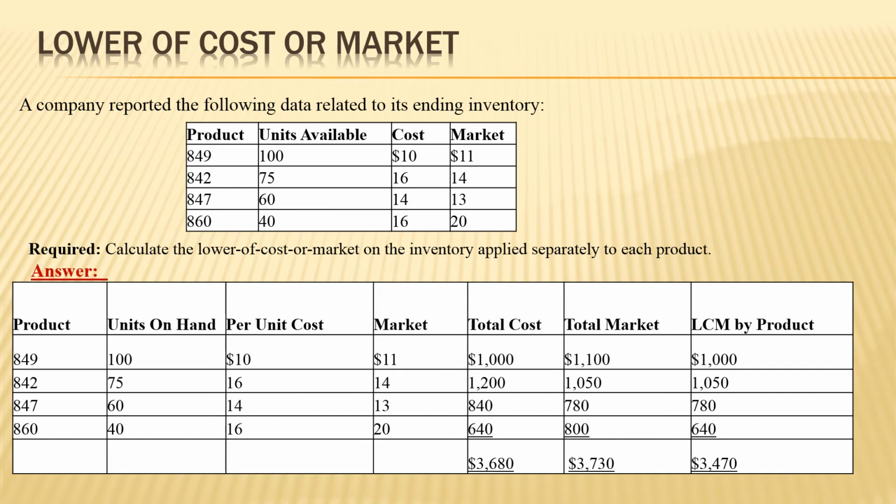What's required here is to calculate the lower of cost or market on the inventory applied separately to each product. I'm going to add total cost, as you can see here, I highlighted it, and also total market, I also highlighted it, and the final column is LCM by product.